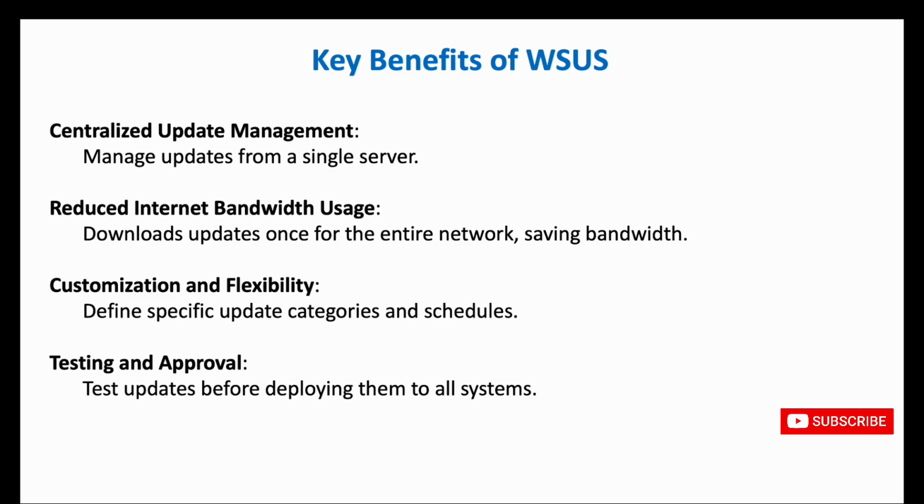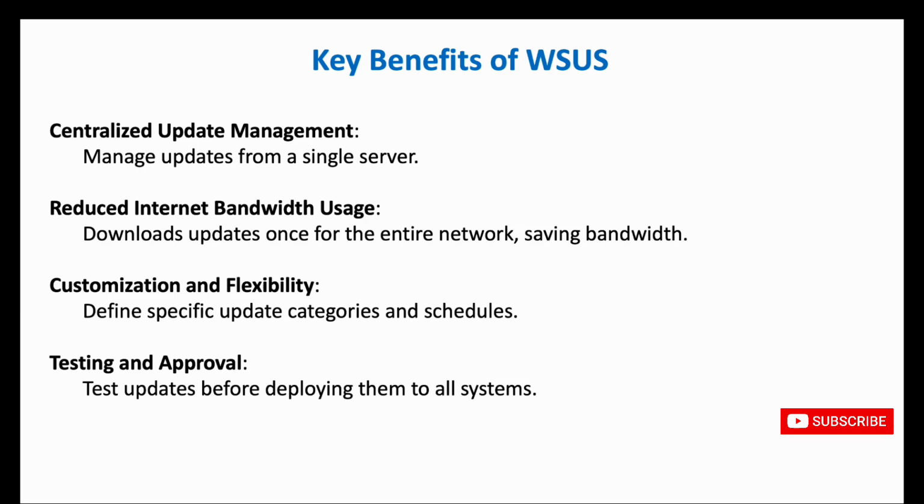So WSUS will actually download the patches onto its repository and publish them to the servers locally. Only the WSUS server will be connecting to the internet or Microsoft repository to download the patches. There are many options where you can test and approve your patches, and there are flows which you can follow.